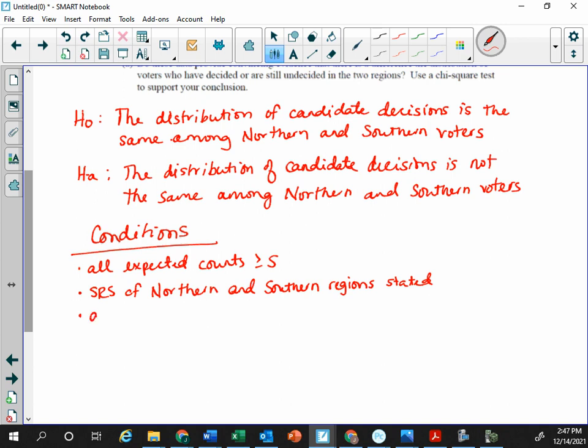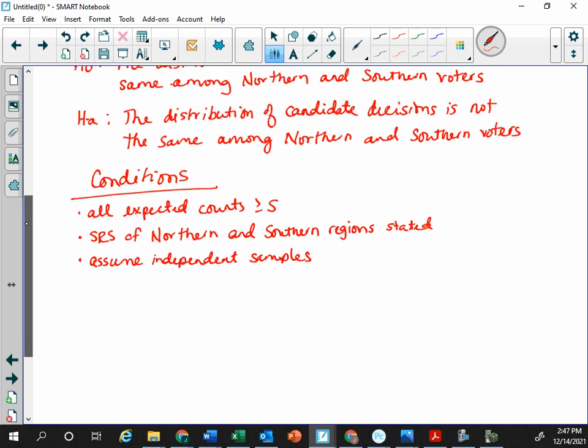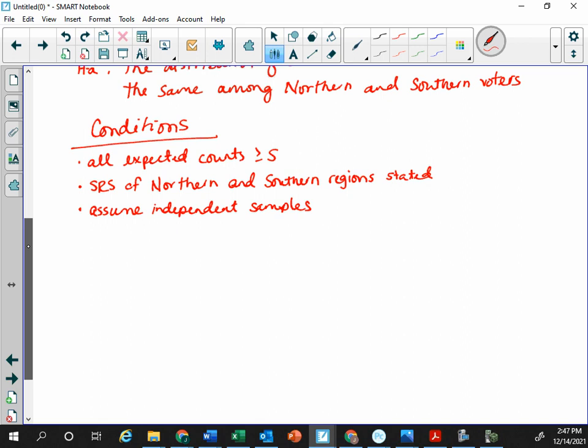All right, and we're going to assume independent samples. I don't think it said anything about them being independent, so we're going to assume that, okay? Then the rest is everything you already did on your calculator.